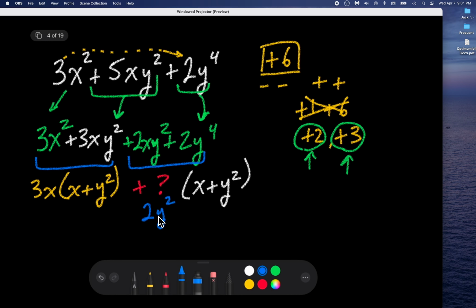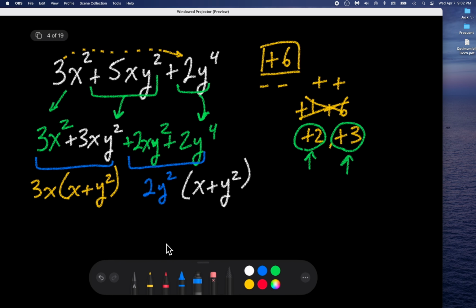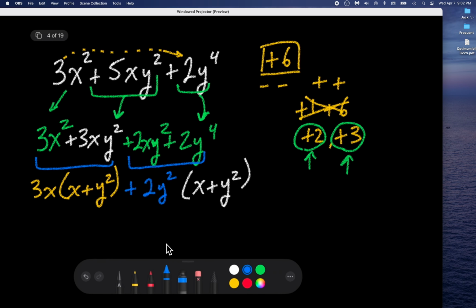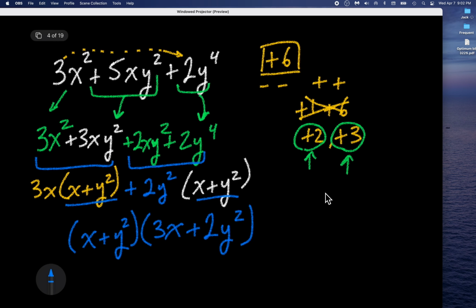So this is our mystery number. I'm going to put that in instead of the question mark. Now we're going to pull this out as a GCF. And we are done.